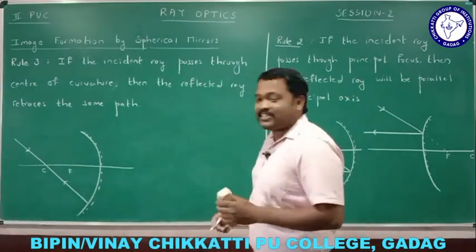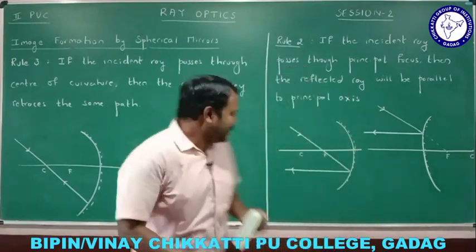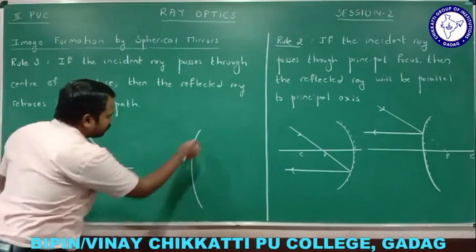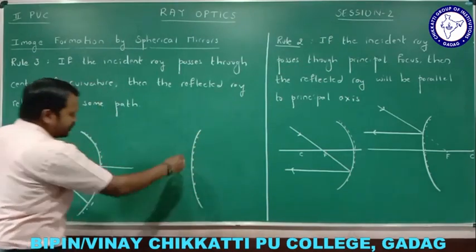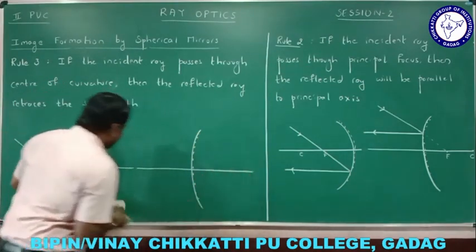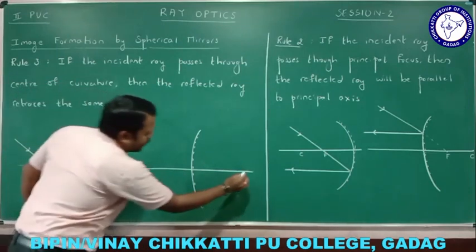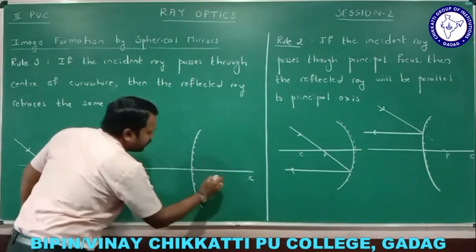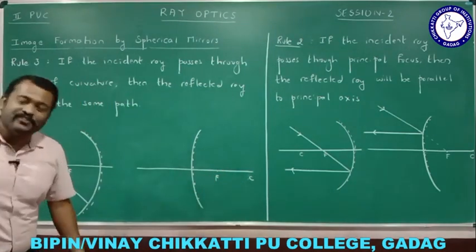Let us take this in the case of the convex mirror. This is the convex mirror whose reflecting surface is outside the curve. This is the principal axis, this is the center of curvature, and exactly at the mid there will be the principal focus.